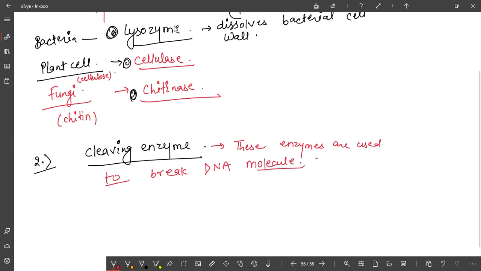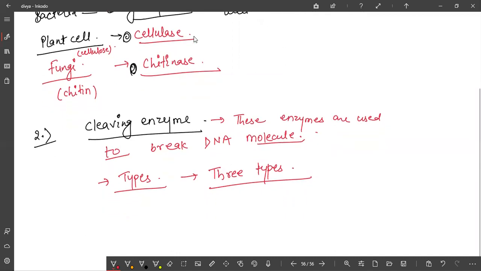And if we discuss the types of cleaving enzyme, how many types are there?